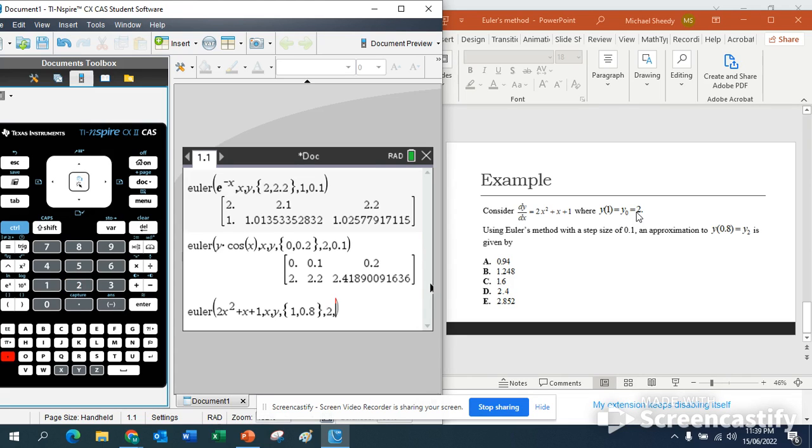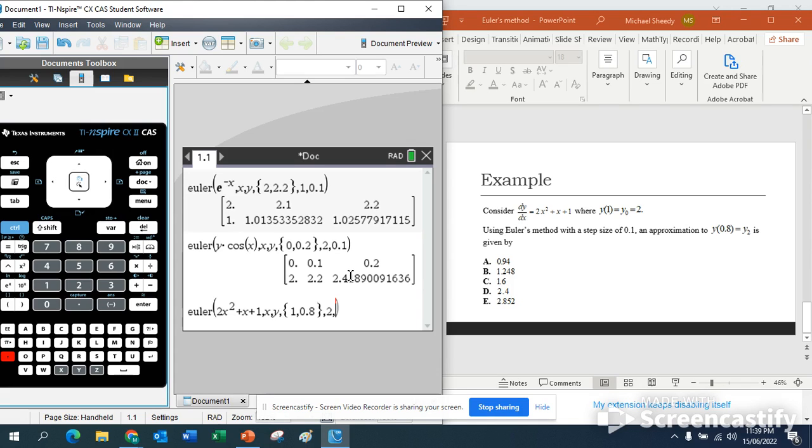Now the step size, the question says the step size of 0.1. However, we need to be extremely careful because the value of x is decreasing. The initial value of x is 1. We're trying to find a solution at x equals 0.8.